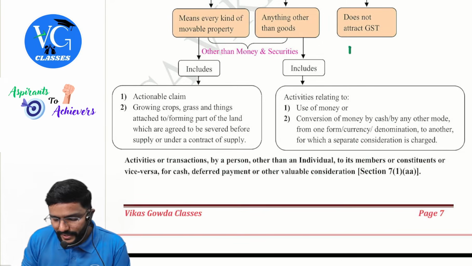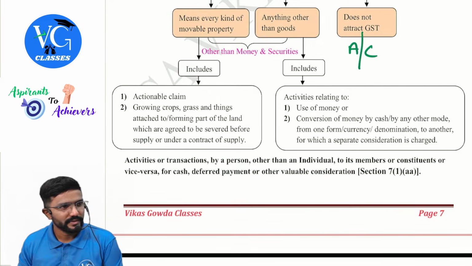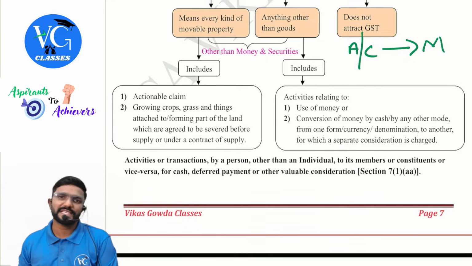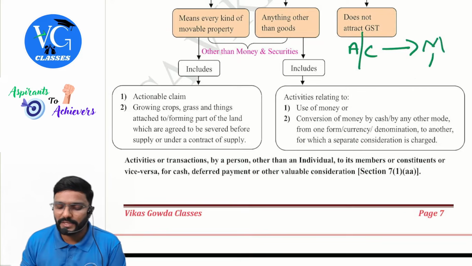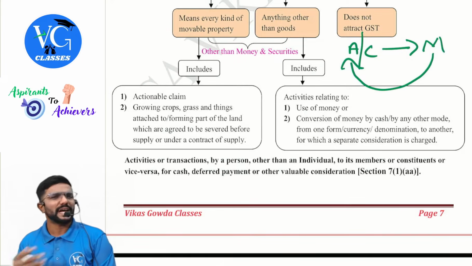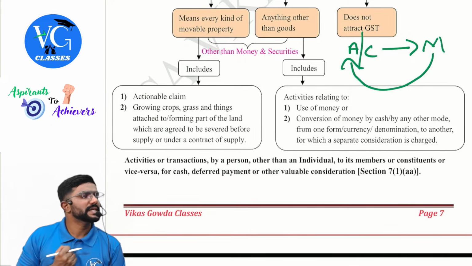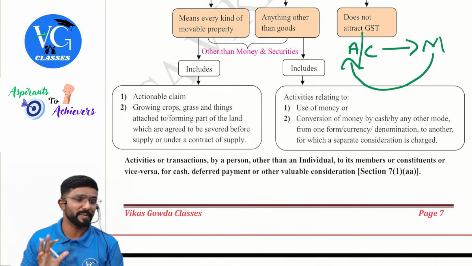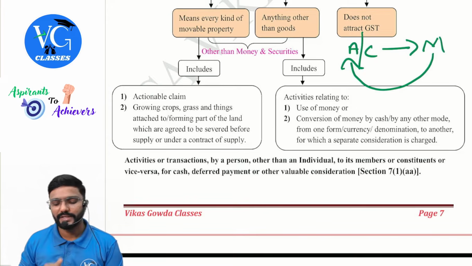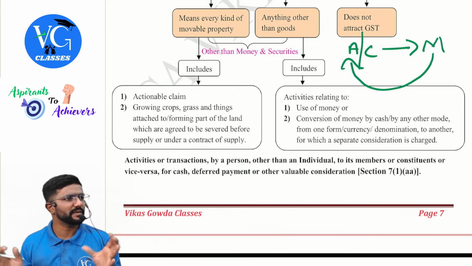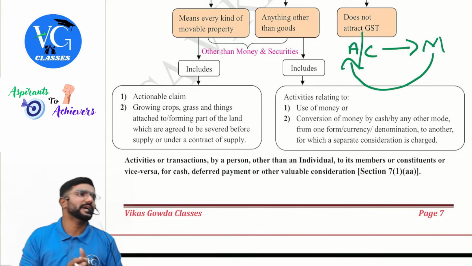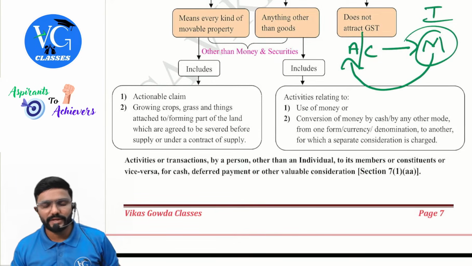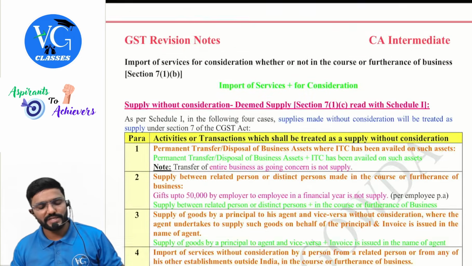Sir, if any association or club is giving anything to their members, services, for which they are charging consideration, or else members are giving any services to the association or club, is it a supply of service? Yes, it is a supply. But consideration should be there. Either way, vice versa, both are covered. Association to members or members to association. Members means individuals.